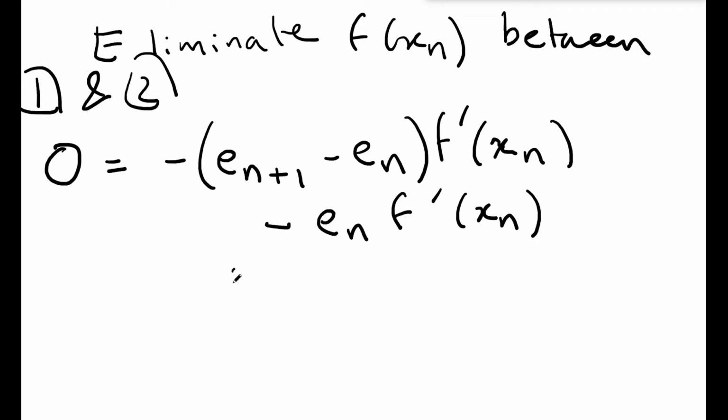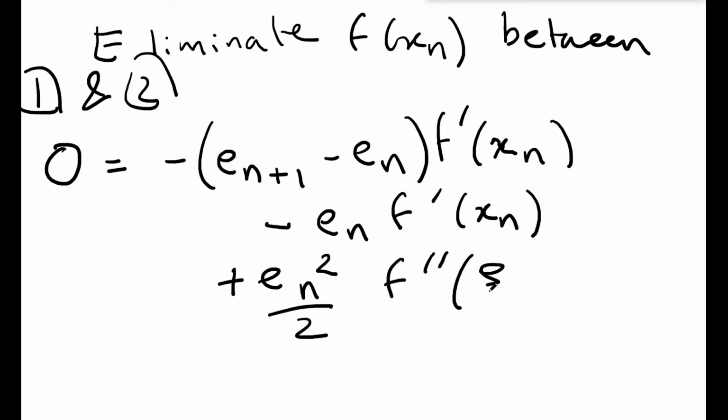And then we have a quadratic term in error, which is then f double prime at psi_n using our Lagrange remainder. Okay, so I'm writing quite big on the board because these equations are quite important, but then that implies that zero equals, so the term in e_n cancels, yeah, you can see that.